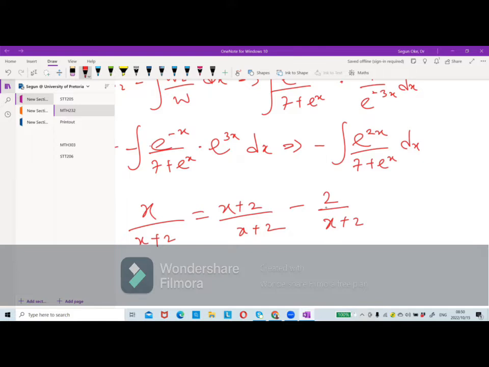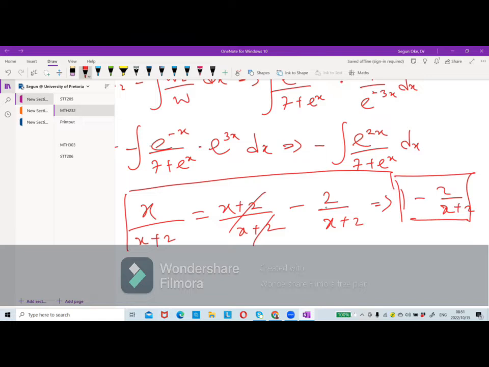Is it possible? It's a kind of simplification that we normally use in complex numbers. So this one will go with this, and at the end of the day, I will have 1 minus 2 over x plus 2. So we use this method, the way of solving this one.